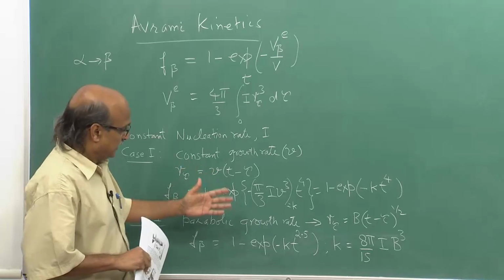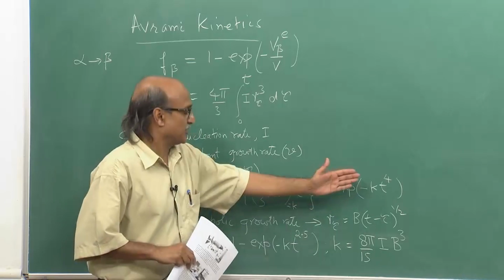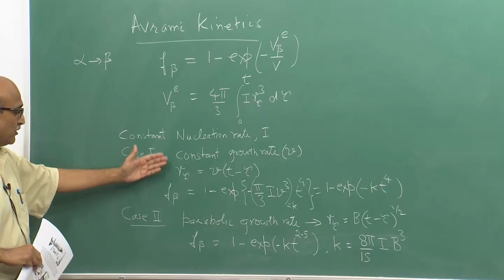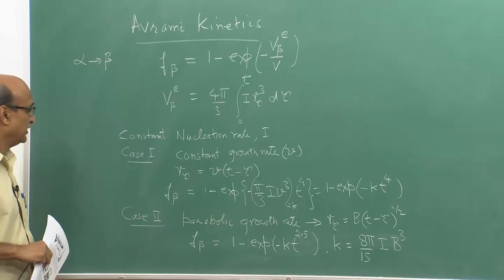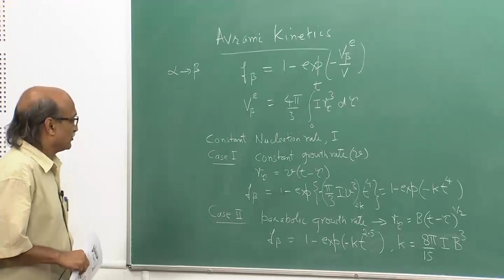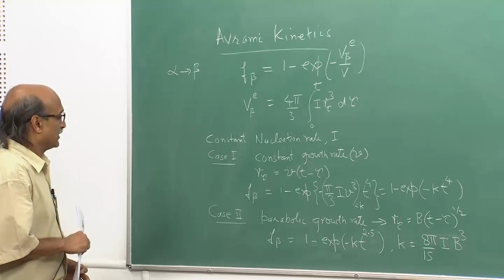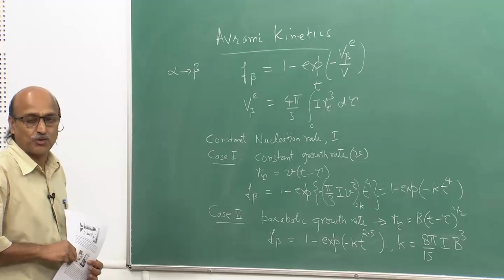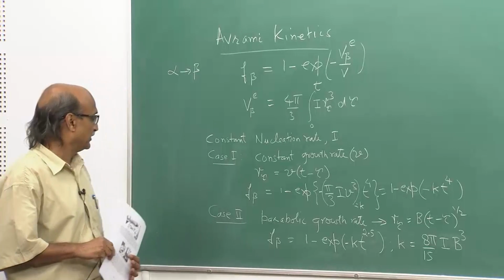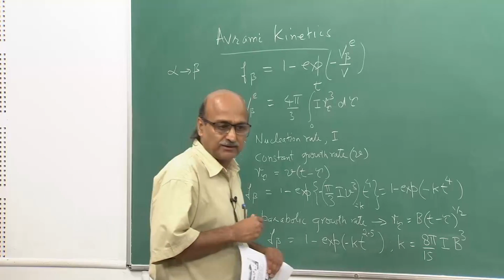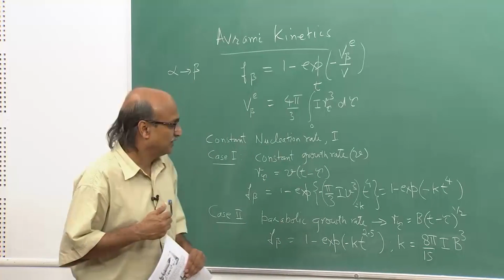So, what we find is that we have different exponents of time depending on what model of growth rate one chooses. And of course, what model of growth rate one would choose would depend on the system, whether you have interface controlled or diffusion controlled, as shown here. Similarly, one can look at a couple of other cases.